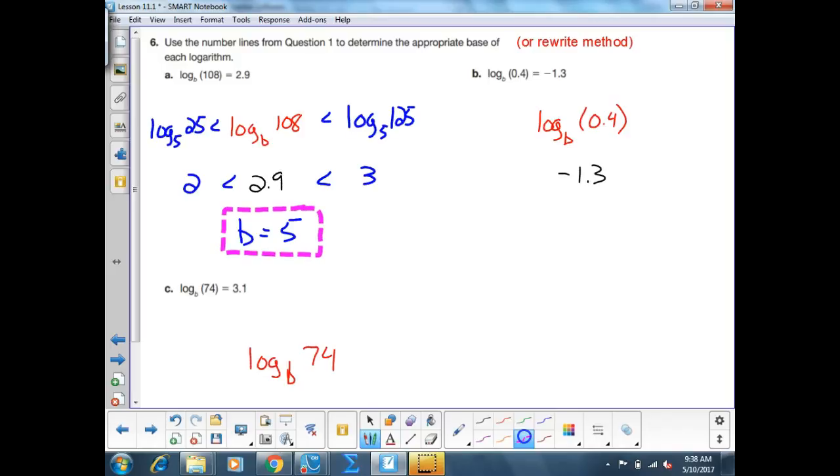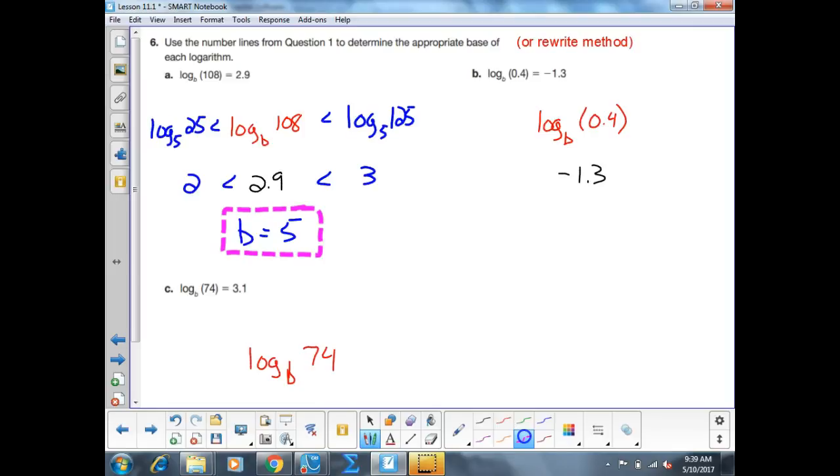Logically, does that make sense? 108 is a lot closer to 125 than it is to 25. 2.9 is closer to 3 than it is to 2, so I'm going to go with the base there of 5.